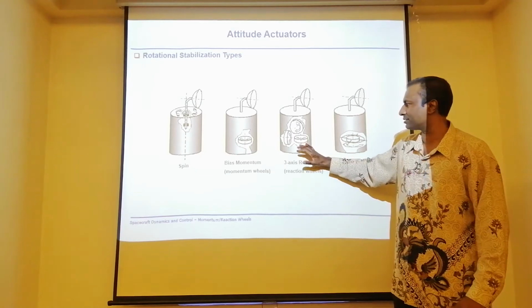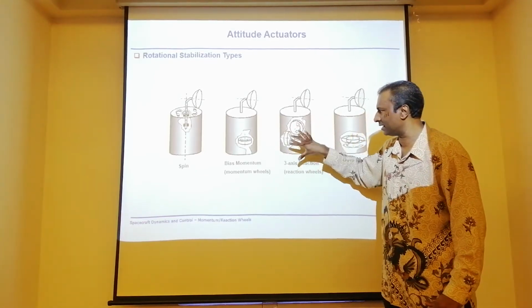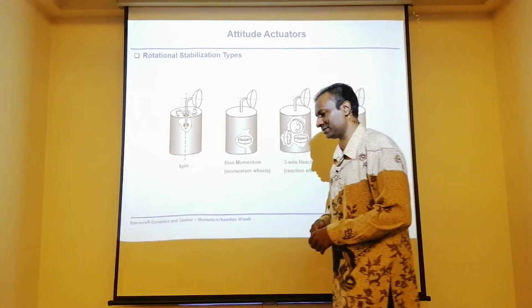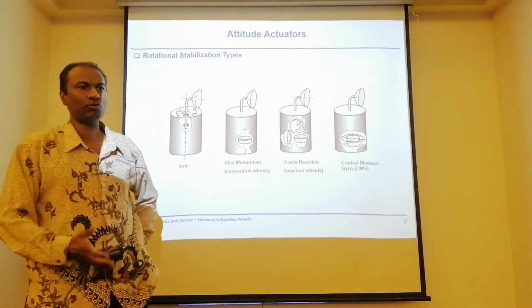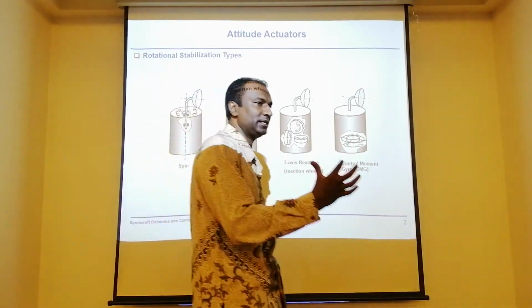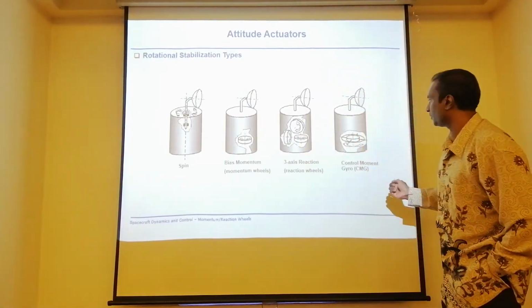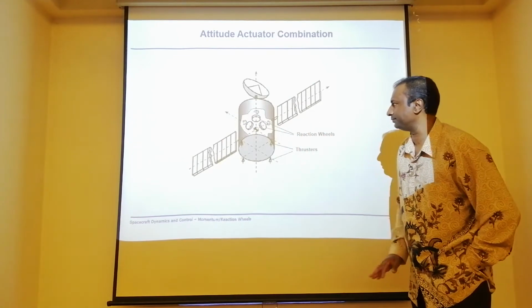So you can imagine that the wheels are inside, and outside we should be able to have a cubical satellite. That's why, in the design now, more and more satellites are cubical type satellites. Okay, this is to give you a good example.